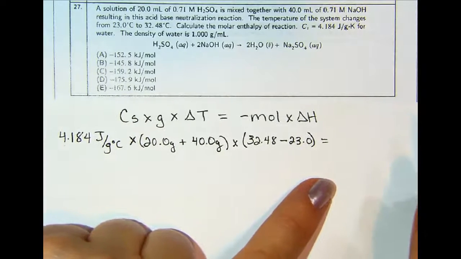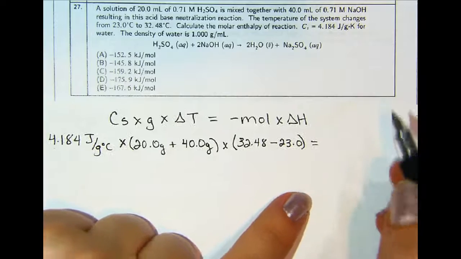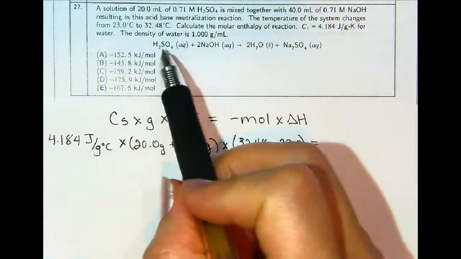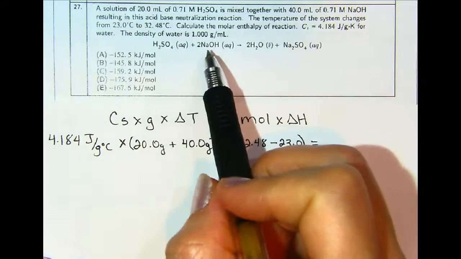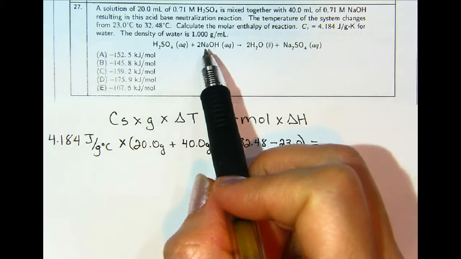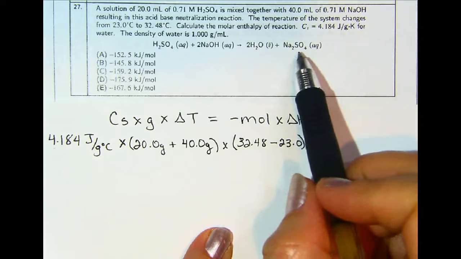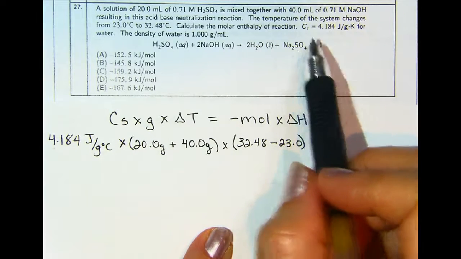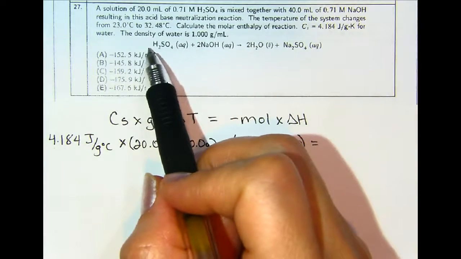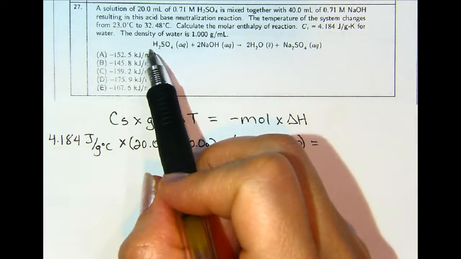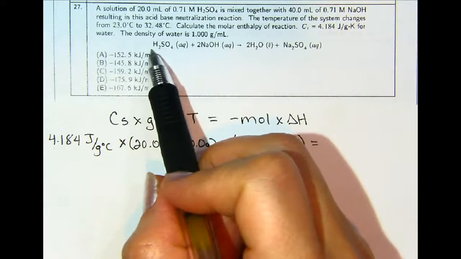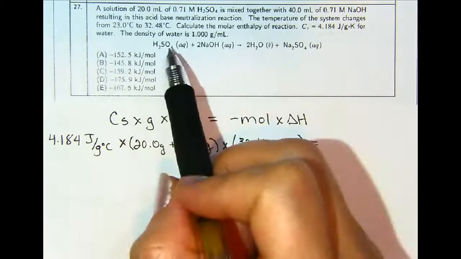Now here's where you have to make a choice. We're either going to use the moles of sulfuric acid or the moles of sodium hydroxide, because we're really only interested in their ratio to the amount of product that'll be produced, the sodium sulfate. And I would recommend sticking with the option that has a coefficient of 1 or a 1-to-1 ratio with your product.